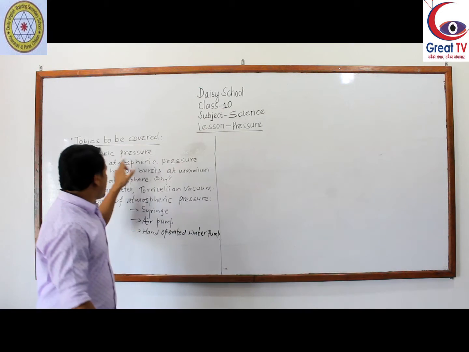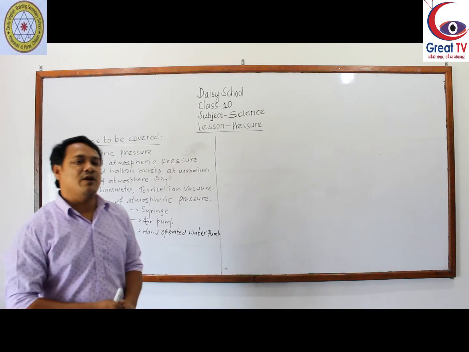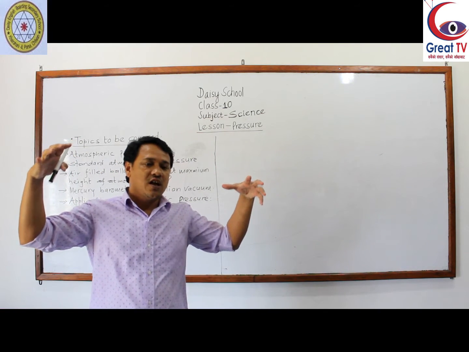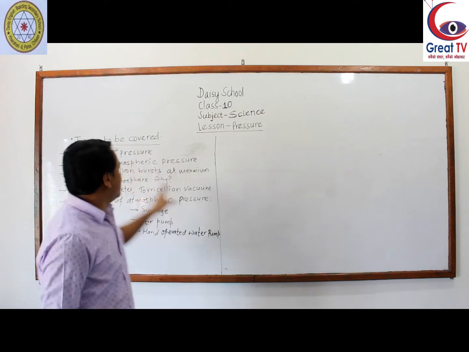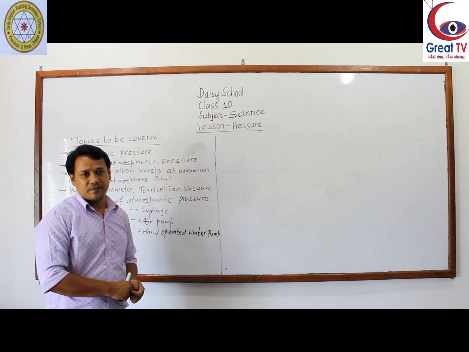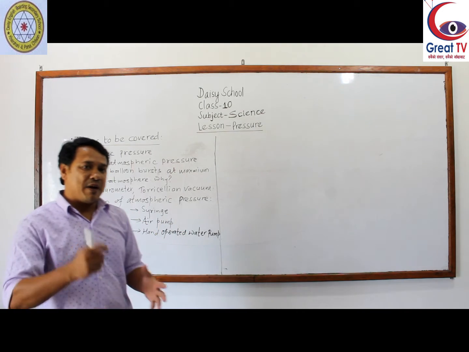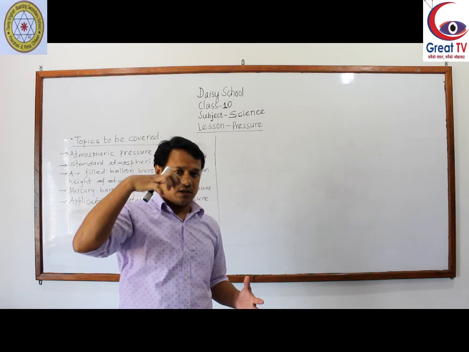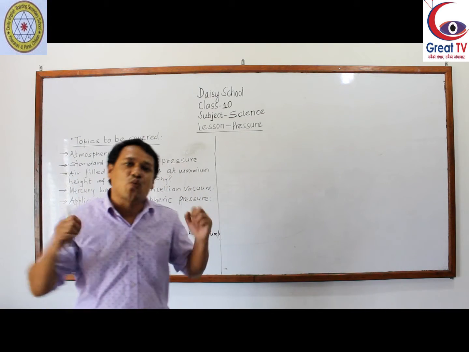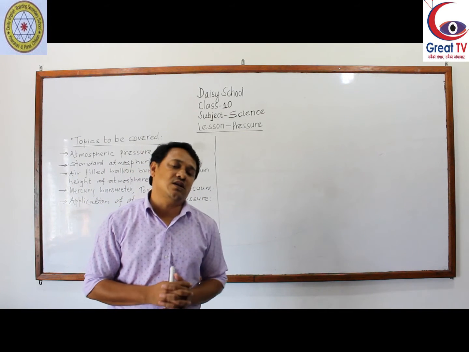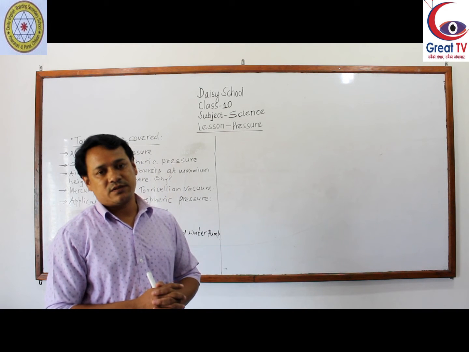So atmospheric pressure means the pressure given by the atmospheric air on the unit surface area of the earth's surface due to its weight.